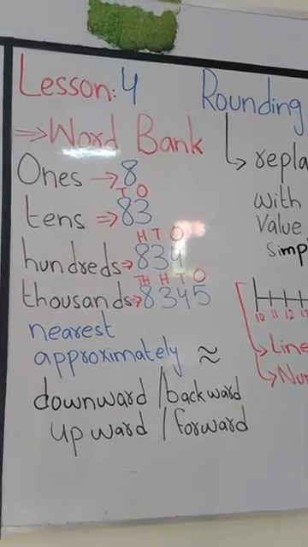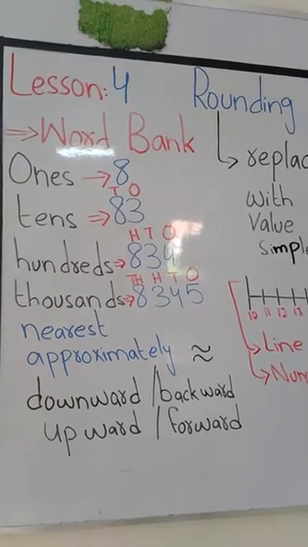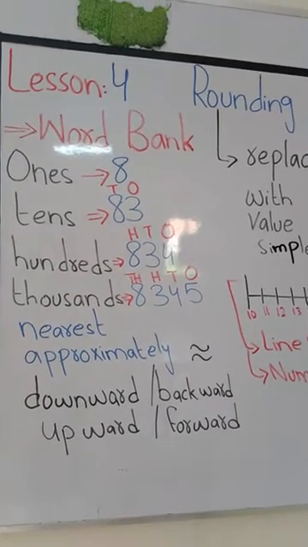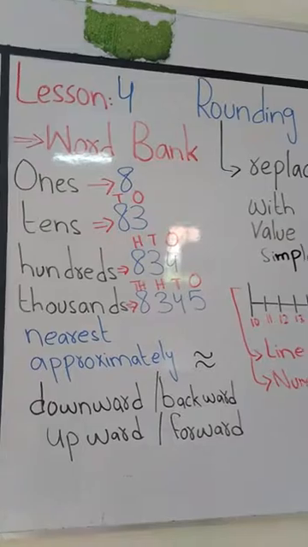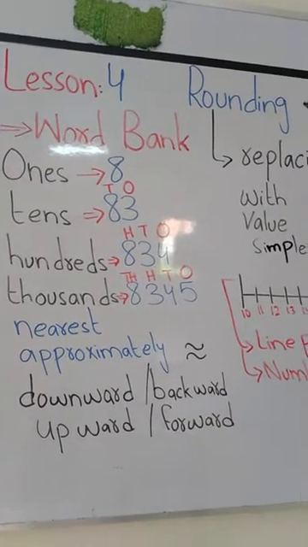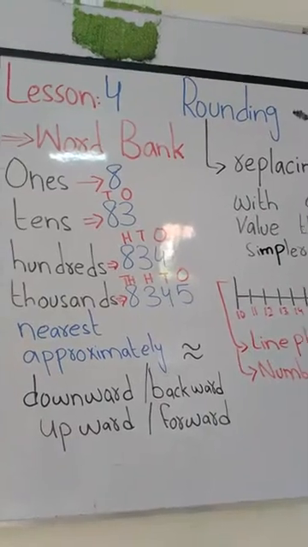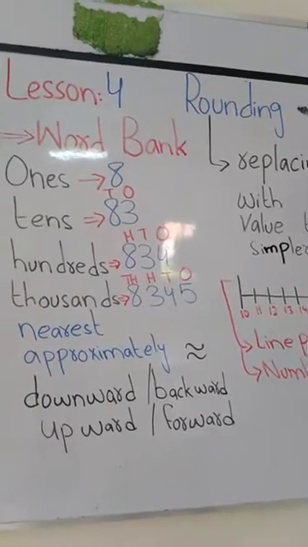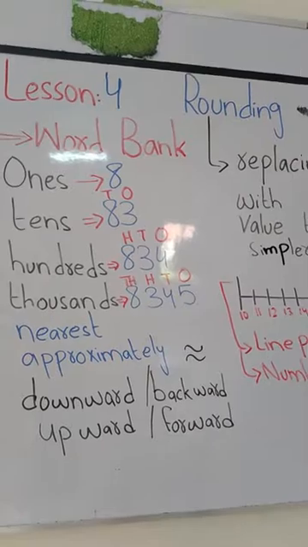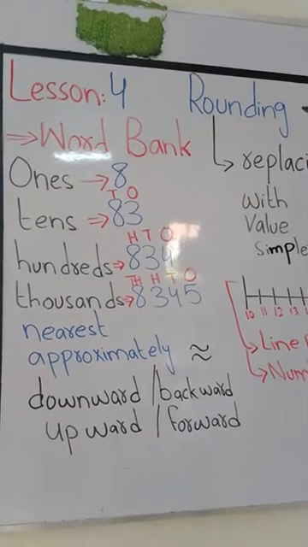And here is ones. You can see that in ones I have written 8. In tens I have written two numbers: 3 stands for ones and 8 stands for tens. Next is hundreds: 4 stands for ones, 3 stands for tens and 8 stands for hundreds.